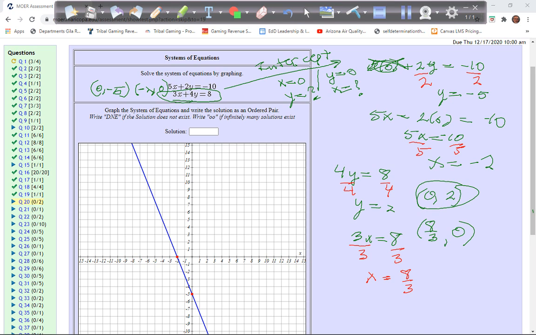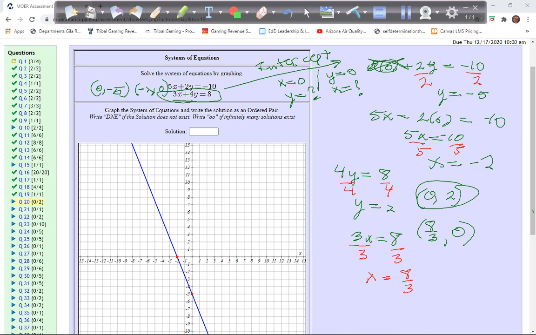Instead of letting y equal 0, let's plug in a new value for x. We plugged in 0 for x.